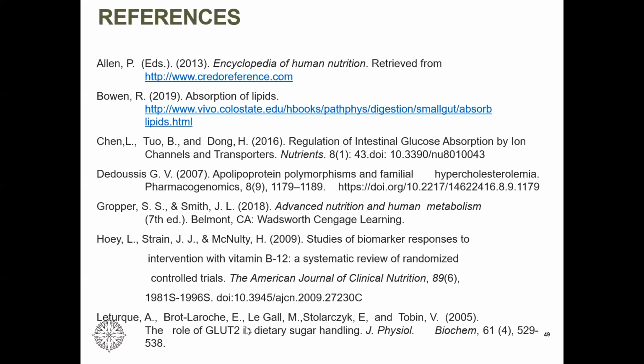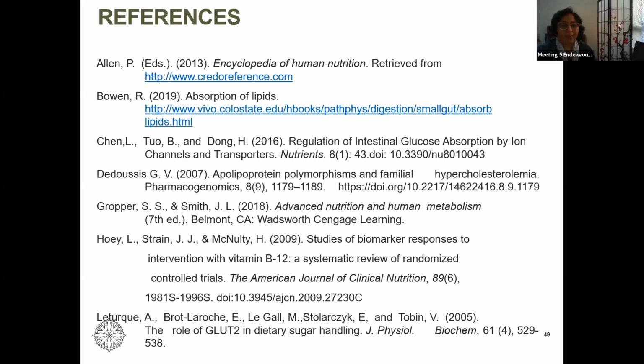Courtney is asking if we have a new reading to revise. See, the first 4 chapters are made from your main textbook, Gropper and Smith. Okay, so this is the one, right?